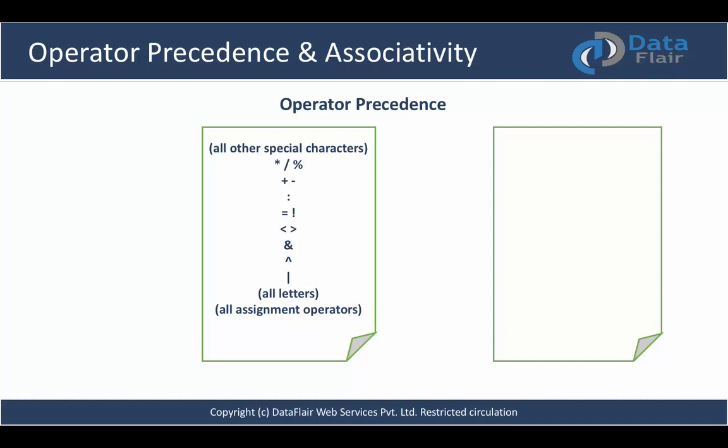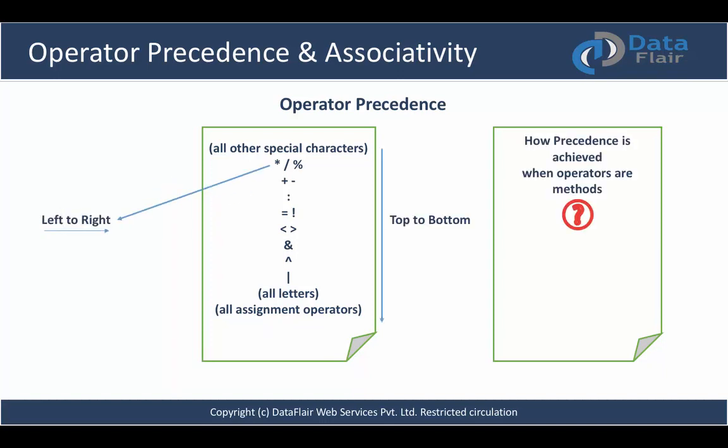If you see, we have all these special characters, then multiplication, division, and modulus operators, plus, minus, then colon, which is a special operator in Scala, then equals, not, greater than, smaller than, relational operators, then AND, then XOR, then OR, then all letters and all assignment operators. So this is how Scala's operator precedence works, and this works top to bottom, left to right.